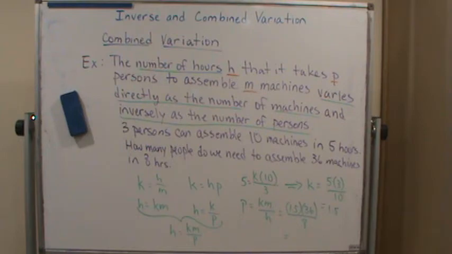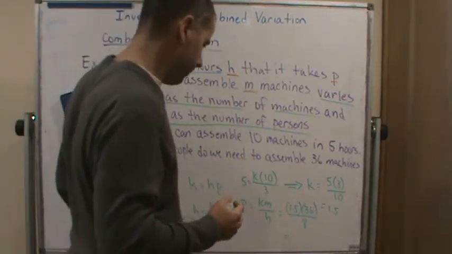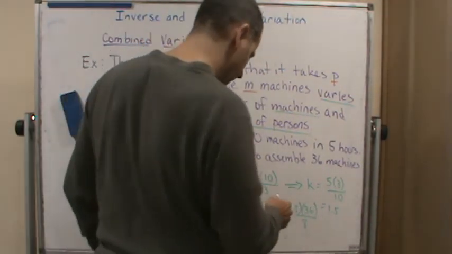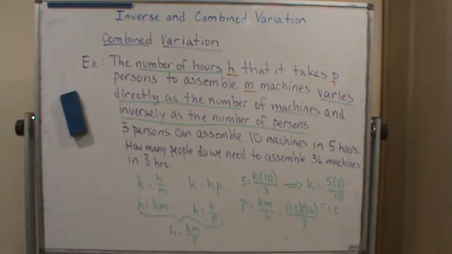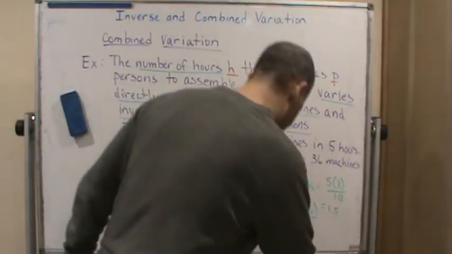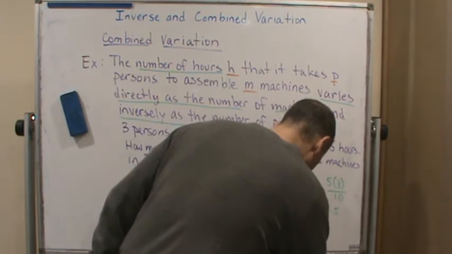And so, how many people do we need? Okay, so when you do this, you get 6.75.